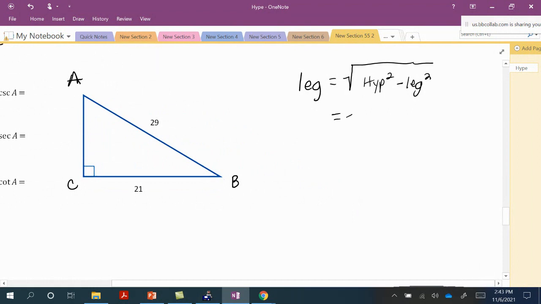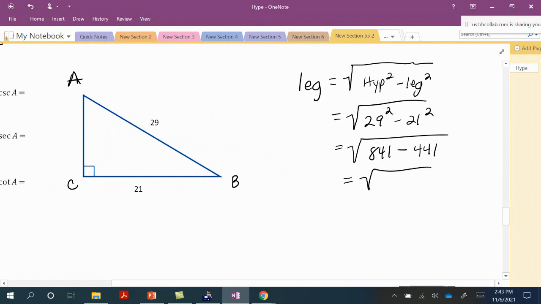So we're going to write that out as the square root of 29 squared minus 21 squared. 29 squared is 841 minus 21 squared, which is 441. Next, 841 minus 441 is just 400, and we have a leg length of 20.